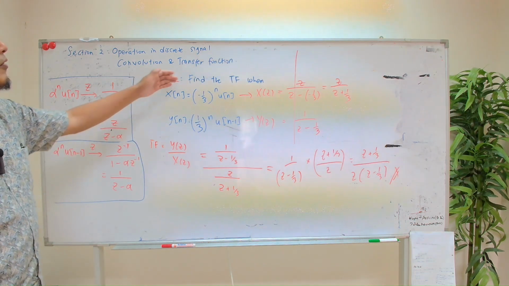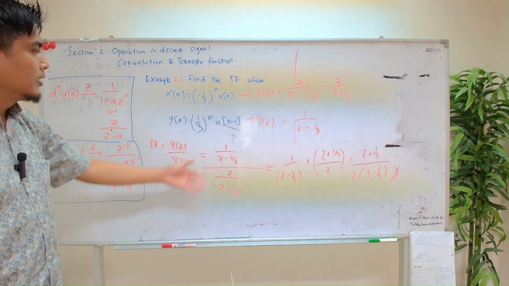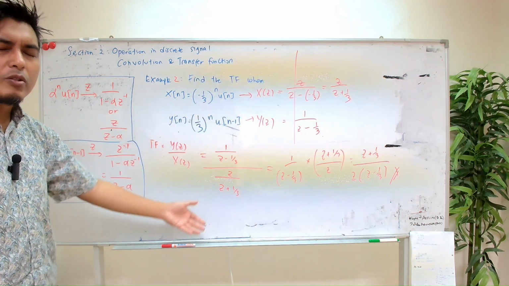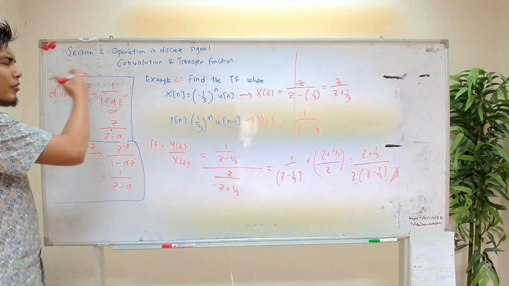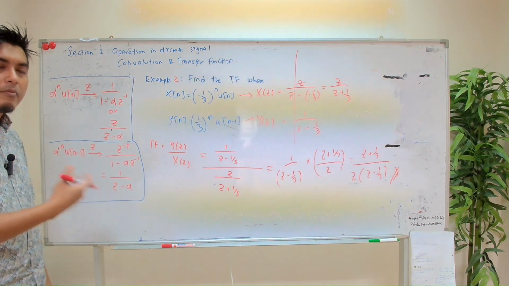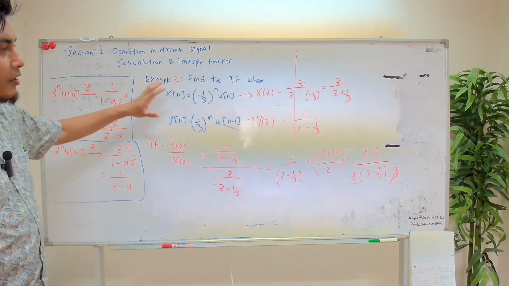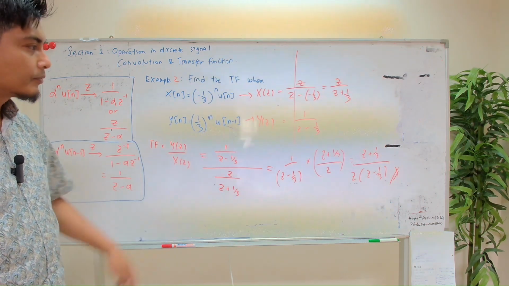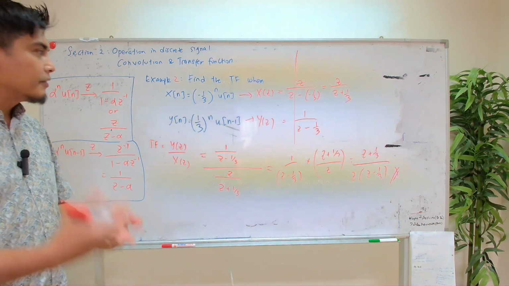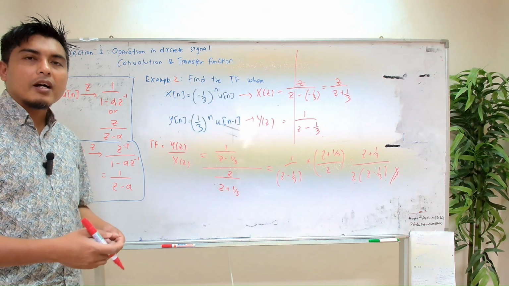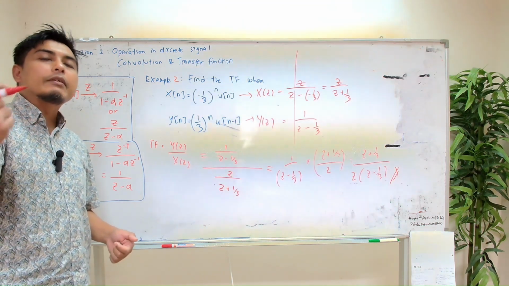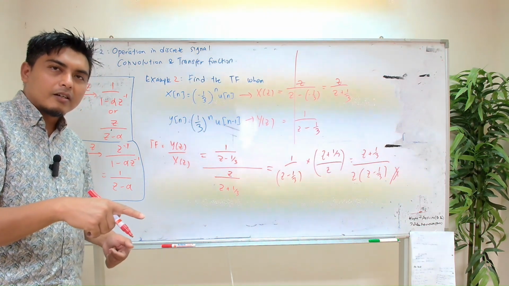And also, in order to find the transfer function, for example in number 2, you need to also use the information from the Z transform table. Same thing. Alright, so this is very straightforward. So for example number 3, we will discuss how to do the inverse Z transform.